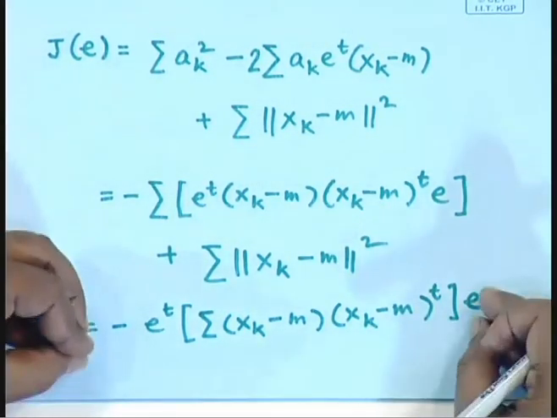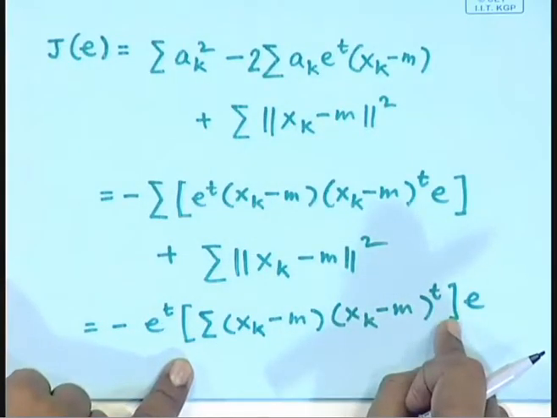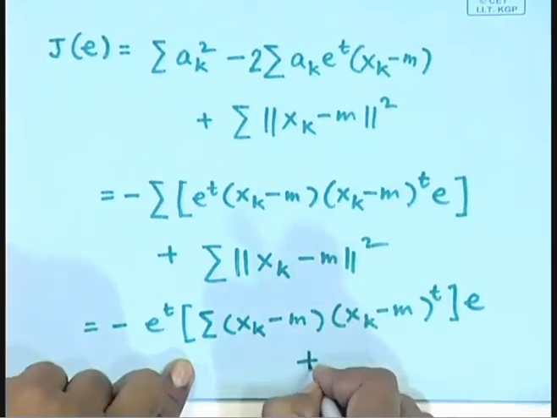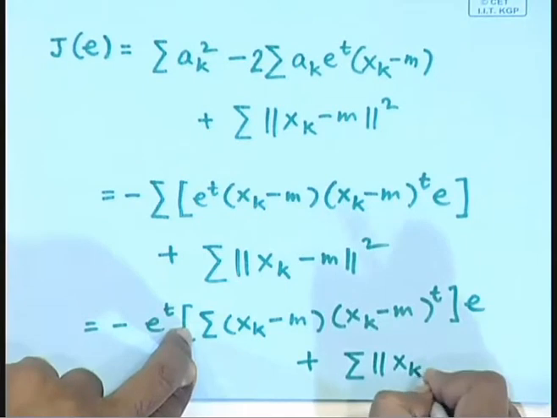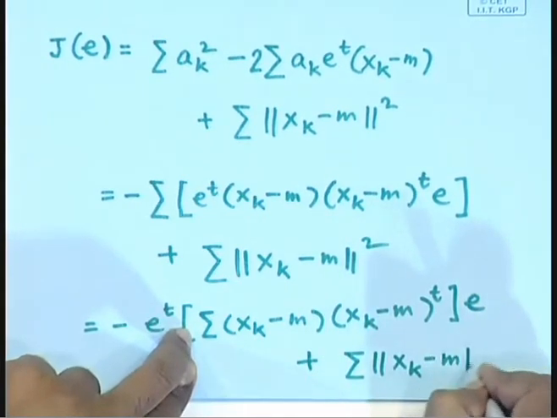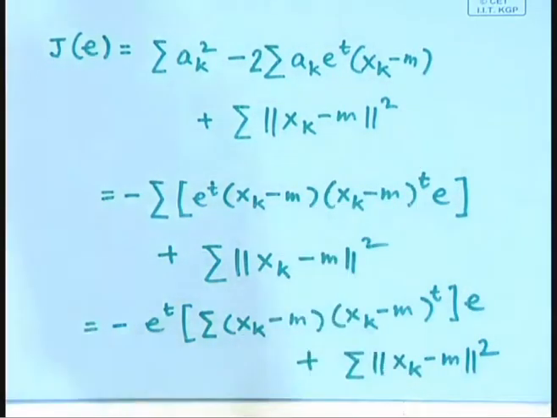So, I can take this E out of the summation, because this summation is over k varying from 1 to n, right, plus summation of x k minus m square. So, it remains the same.